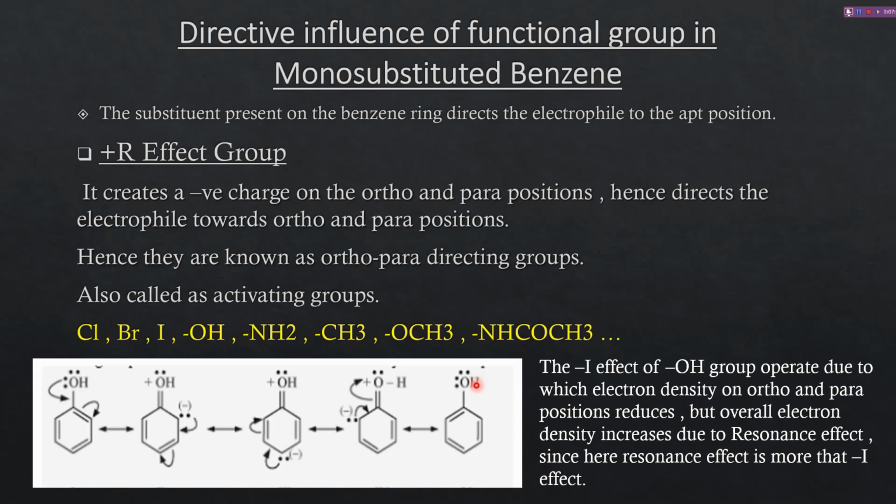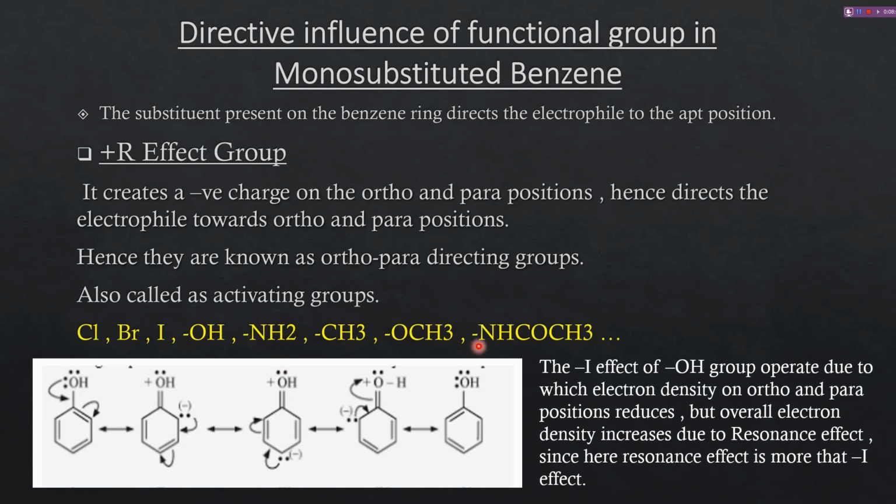So OH is already having minus I effect, like it withdraws electron from the benzene ring, right? So here, but if it is withdrawing the electron from the benzene ring, then ortho and para won't be minus. I mean, it won't be carrying minus charge. But here you can see OH is represented as plus R effect group, where ortho and para is becoming negative, right?